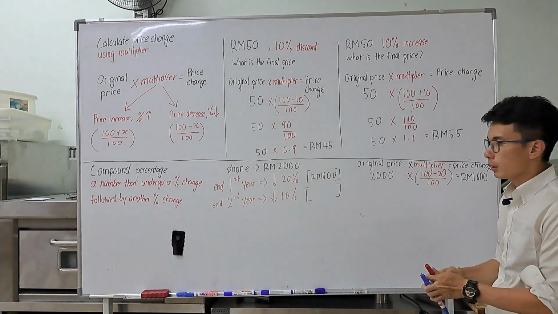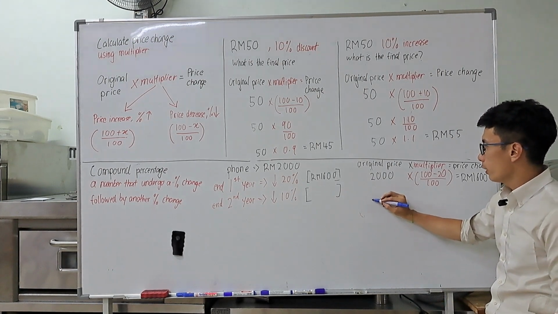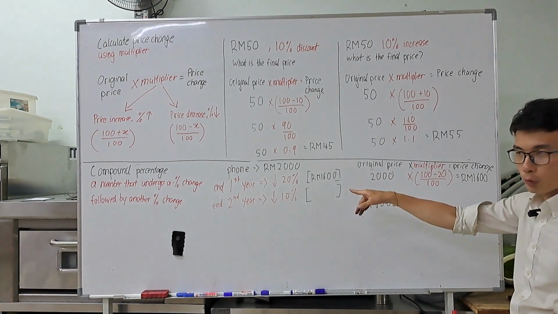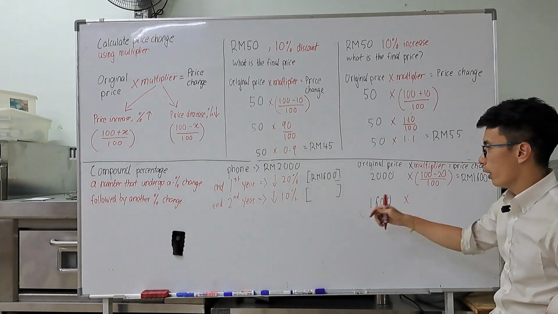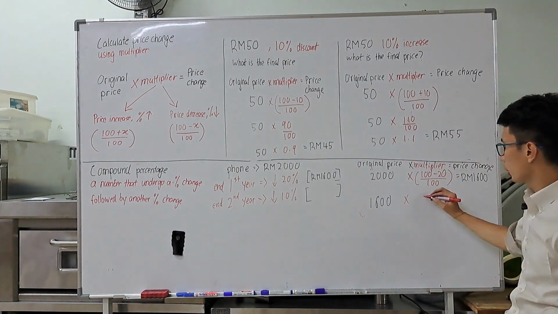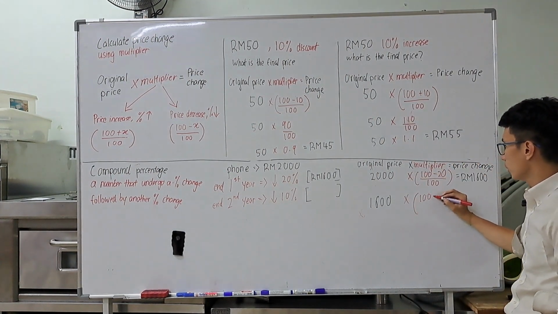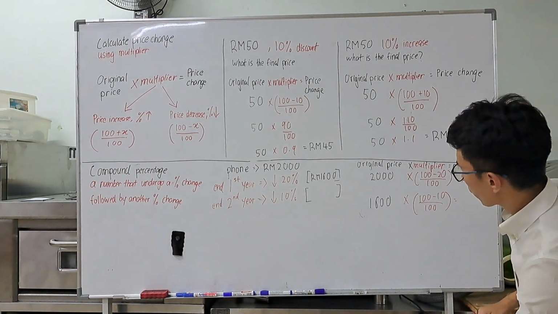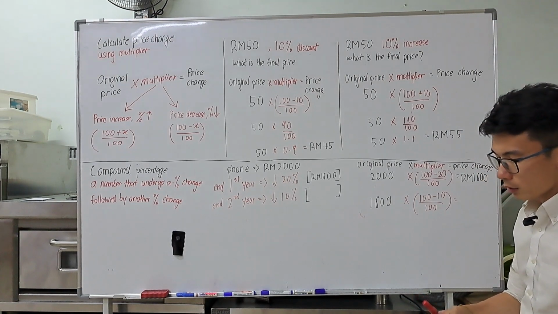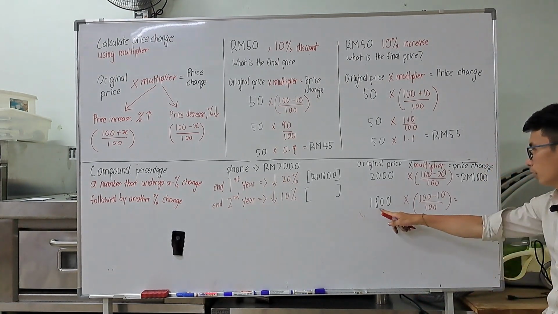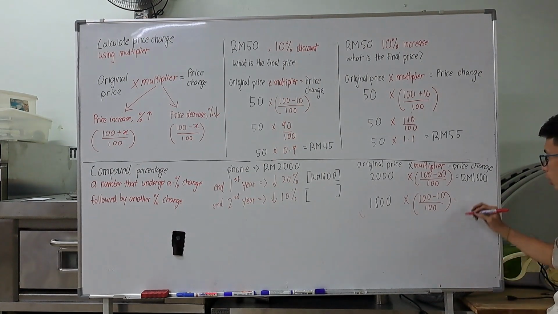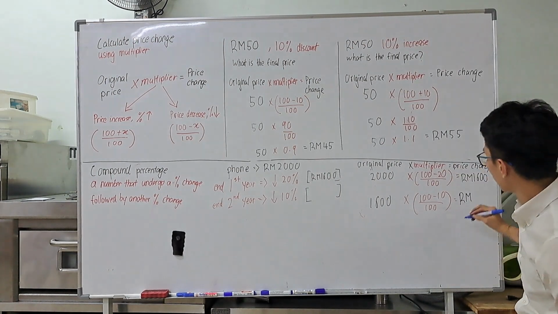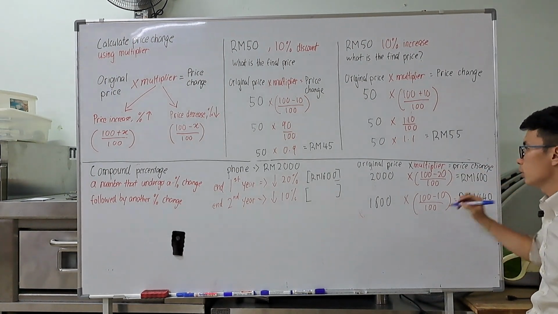So how much is this right now? I can use the same formula. I write down 1,600, because that is my new price for the phone, and then I have a further 10% reduction. I'm going to write this down, and very quickly you can calculate this. After another 10% reduction, the final price of your phone is 1,440.